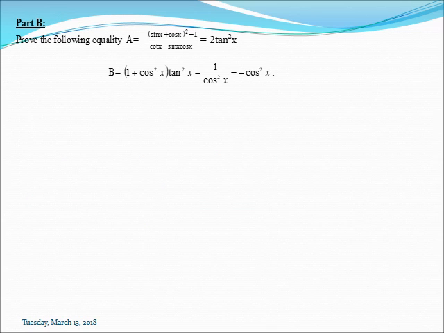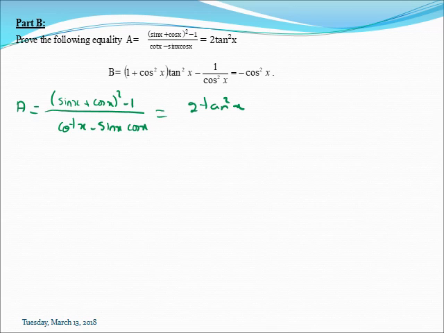Part B. Prove the equality: A equals sine x plus cosine x all squared minus 1 over cotangent x minus sine x cosine x equals tangent square x.